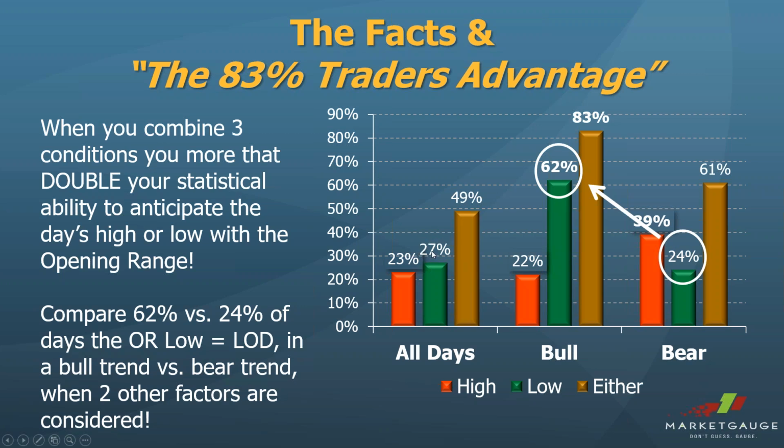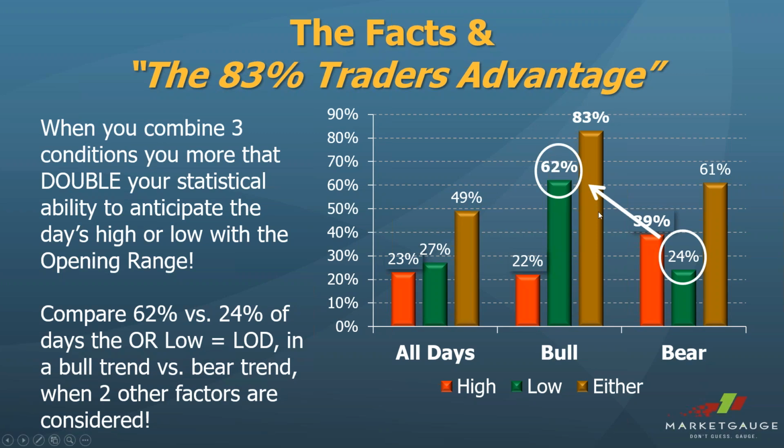Now, I know that's a lot of numbers, but think about how that applies to your trading. If you wanted to put your stop under the low of the day and have the best odds of it not getting stopped out, you would want to do that when you have these, what we call the 83% trader's advantage. 62% of the time, the low of the day is already in at 10 o'clock. All right.